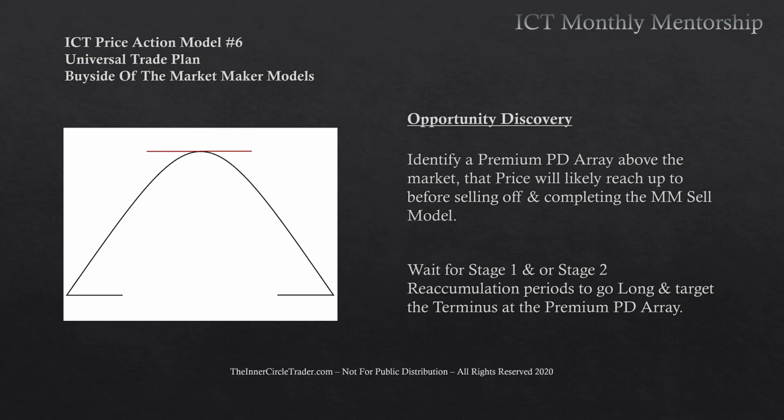Okay, opportunity discovery. The image to the left is your mental framework on how the trade should pan out. And this is an example of a market maker sell model where it goes up first to drop down. You're going to identify a premium PD array above the market.